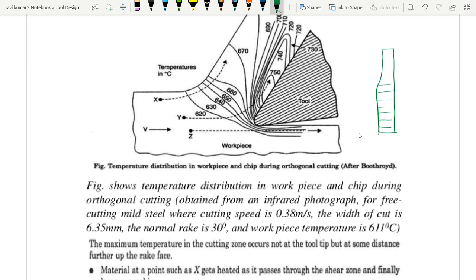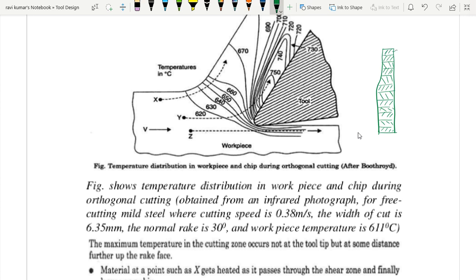Make a photograph of the intensity of darkness of each of the strips, and then take the photograph of this workpiece. Compare the darkness with the one which is having a reference, right, with known temperature.